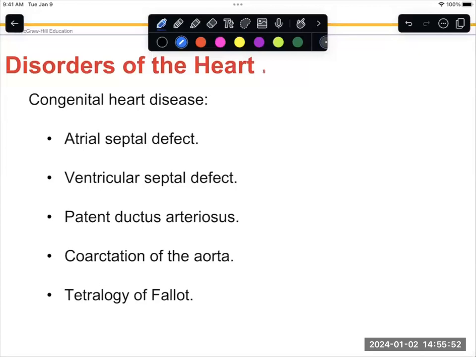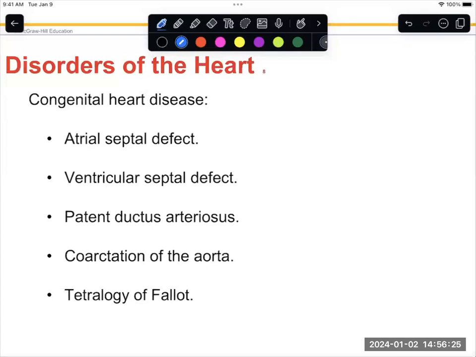This patent ductus arteriosus is when the aorta and that pulmonary valve or vessel, there's usually a hole so that blood can travel through, since blood doesn't need to be oxygenated from the lungs in utero. Oxygen is coming from the placenta. So that hole between those two vessels does not close up.